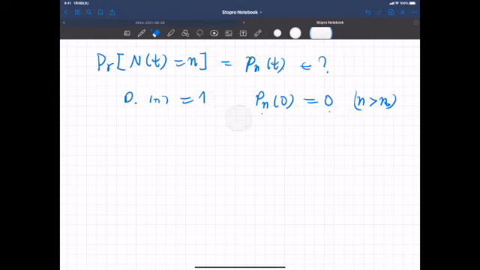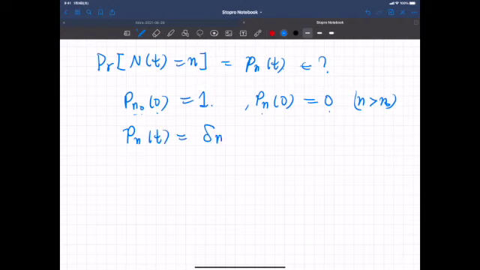This can be summarized in this way: P n of t is equal to the Kronecker delta of n and n0.